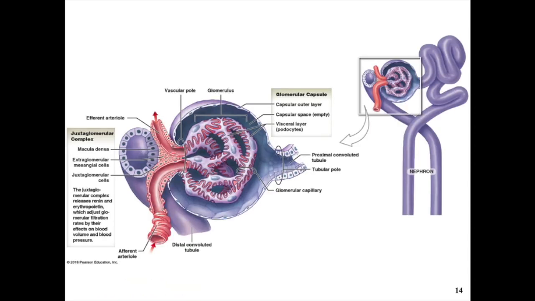So this is the image of a glomerulus. A glomerulus has an afferent and an efferent. So let this point be very clear. The diagram here really tries to show you that a glomerulus is this network of capillaries between an afferent and an efferent.